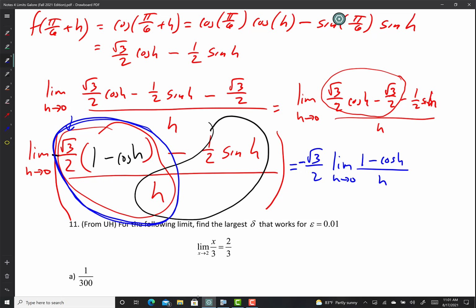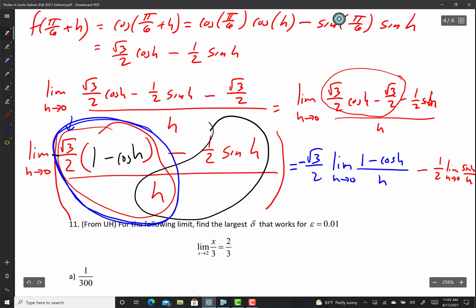I factored out a negative, so I had cosine h minus 1, but I wanted to write 1 minus cosine h. It doesn't matter because both would have been 0 anyway, but I wanted it to look like my formula. Then 1/2 times the limit as h approaches 0 of sine h over h.